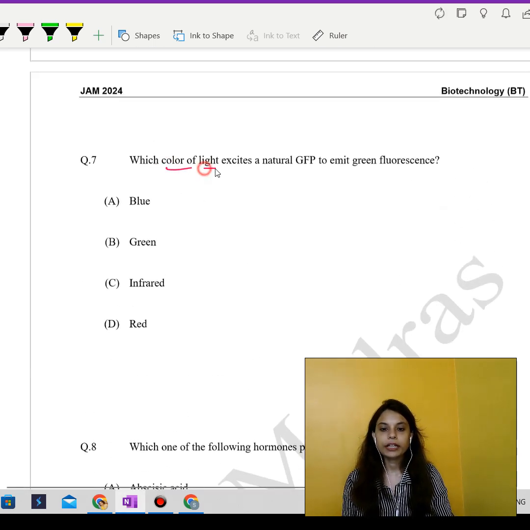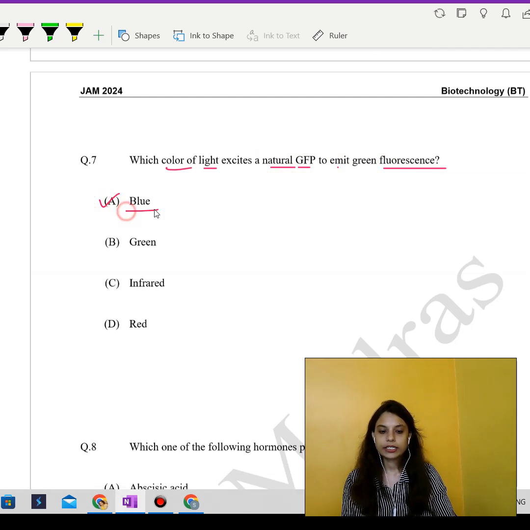Which color of light excites a natural GFP to emit green fluorescence? The very first option would be the correct answer, that is blue. The natural green fluorescent protein, GFP, is most efficiently excited by blue light in the 390 to 480 nm wavelength range.